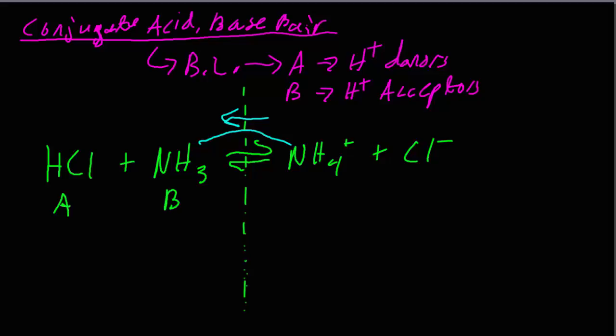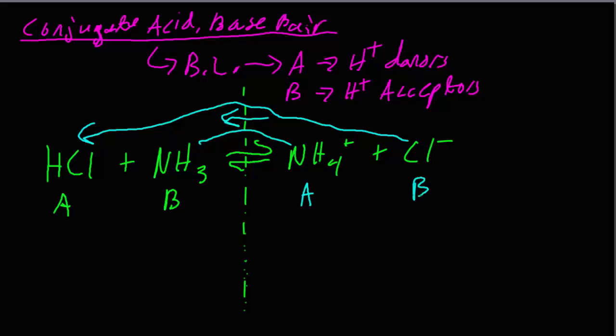So that means that this thing is kind of an acid. And then the Cl did something similar, right? The Cl minus went from Cl minus to HCl if we're going from right to left. So the Cl minus was kind of a base.